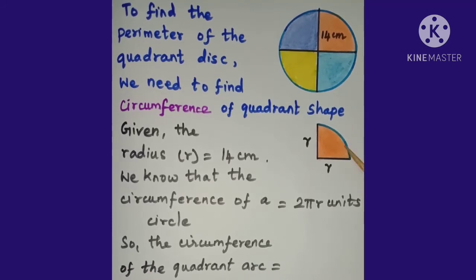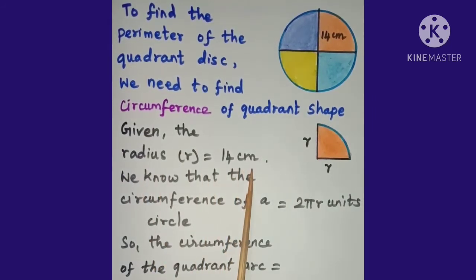So first we have to find the circumference of the quadrant shaped disc, and then add r plus r with this value to get the perimeter of the quadrant shaped disc. So first, given that the radius is equal to 14 centimeter.